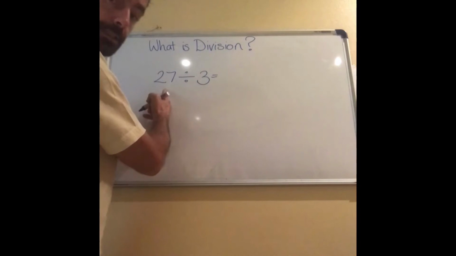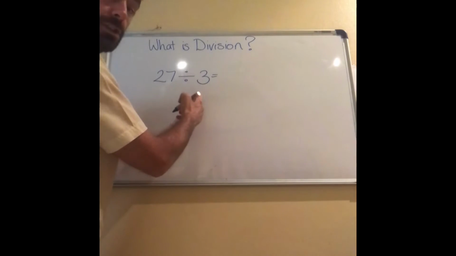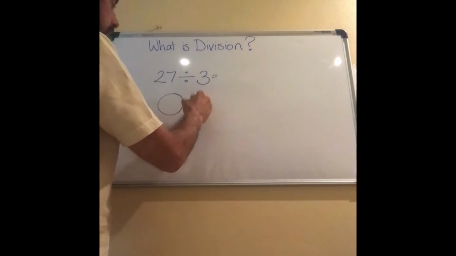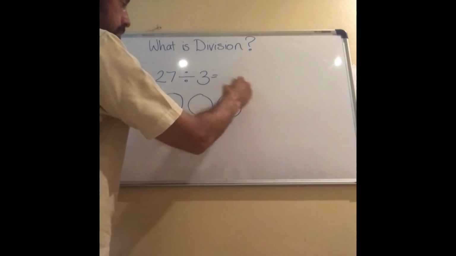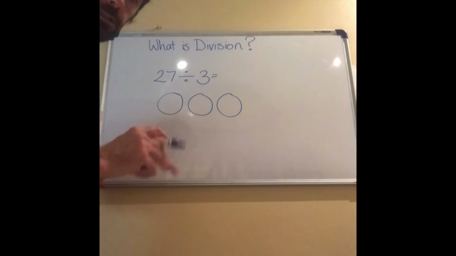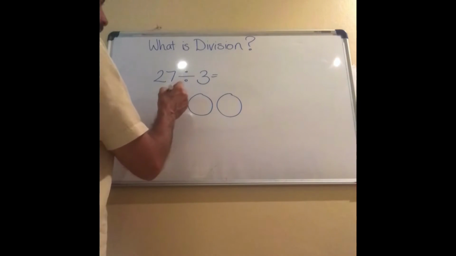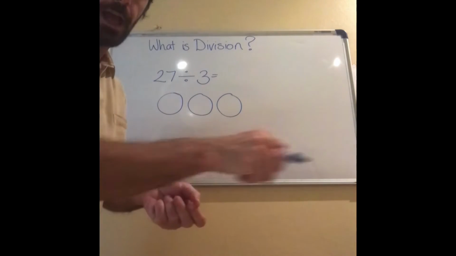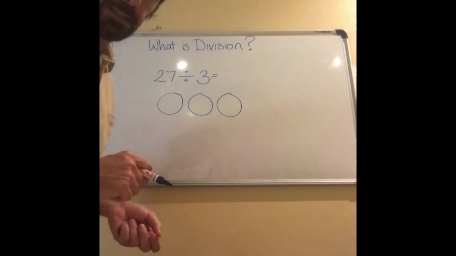So if I have 27 sweets and I want to share it amongst 3 friends, I can simply draw 3 groups like that. And then what I need to do is share out 27. And I share them out one by one, as you might do when you're handing the sweets to your friends.